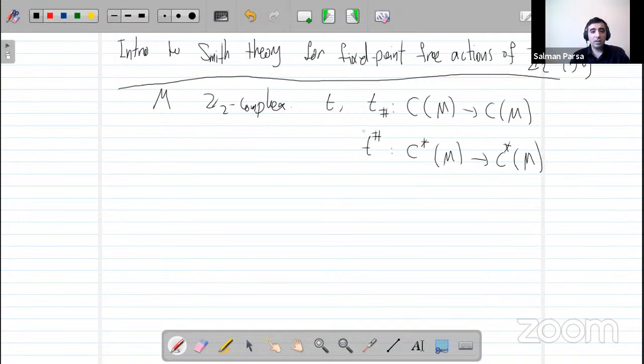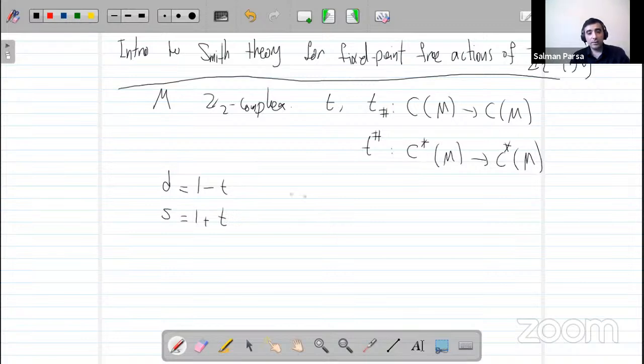I also denote these by T later. So we can now define two homomorphisms: D, which is 1 minus T, and S, which is 1 plus T.